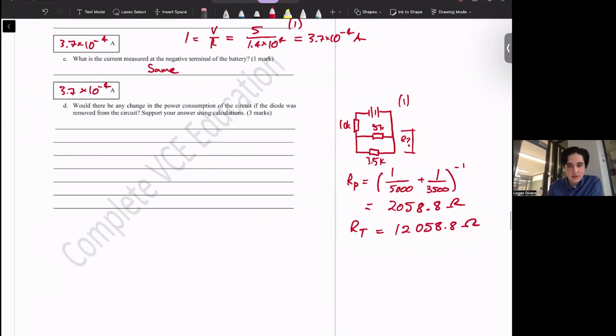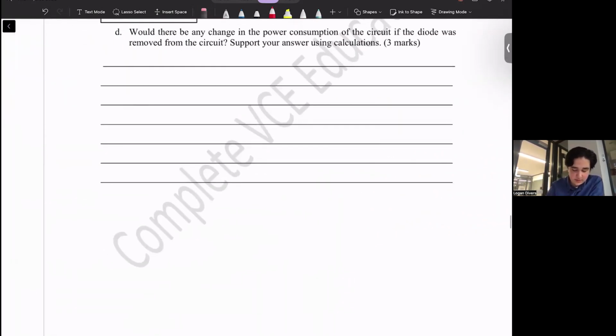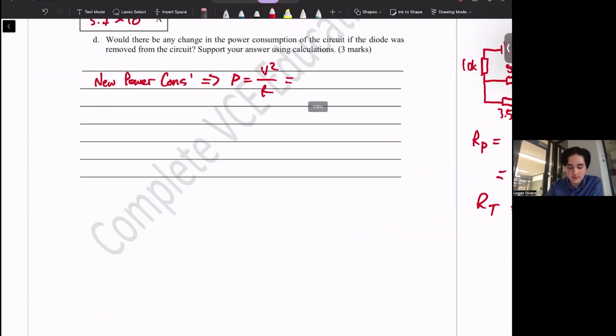So now we just need to work out the power consumption, and we'll use this other handy form. We'll do the power consumption, and that is going to be P equals V squared on R. It just saves us having to use the current as well and using less calculated values.